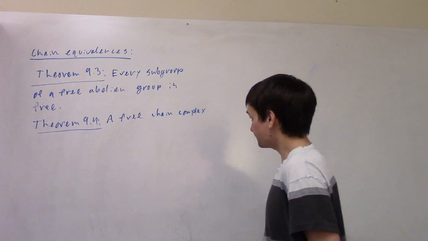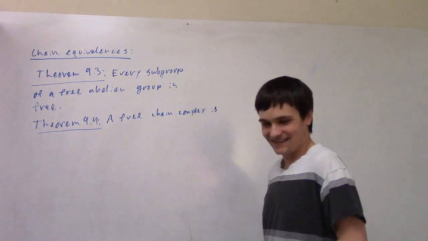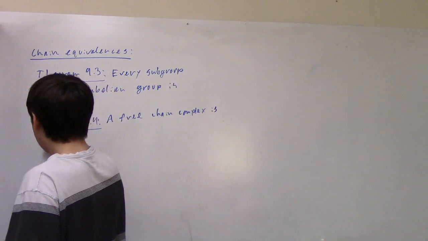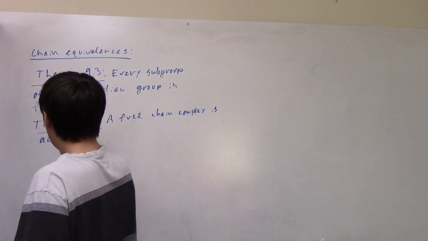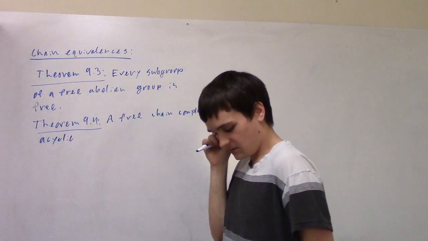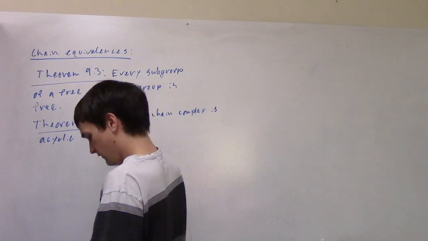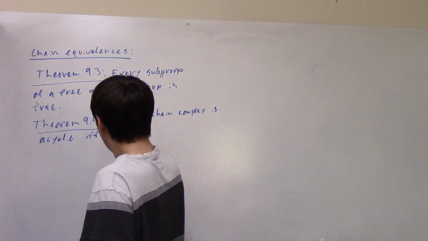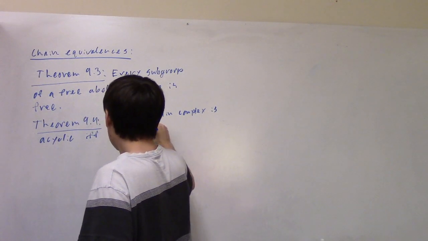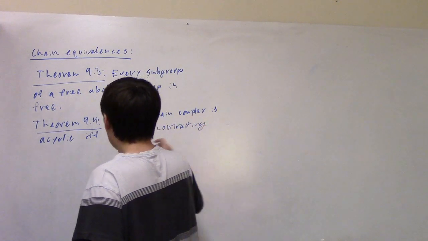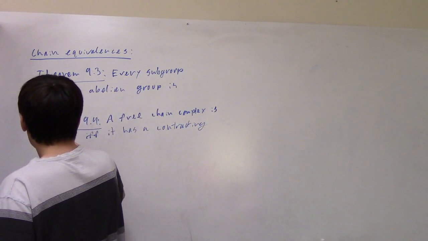I wonder if somebody's done Freebird but with free chain complexes. It is acyclic, so remember, that means all the homology groups are 0, if and only if it has a contracting homotopy.